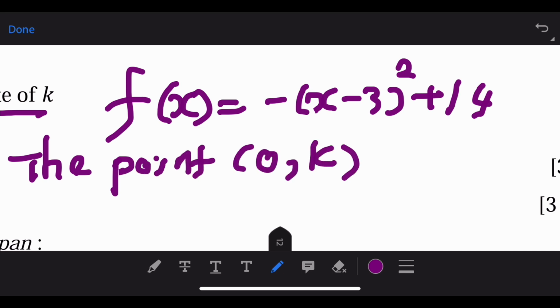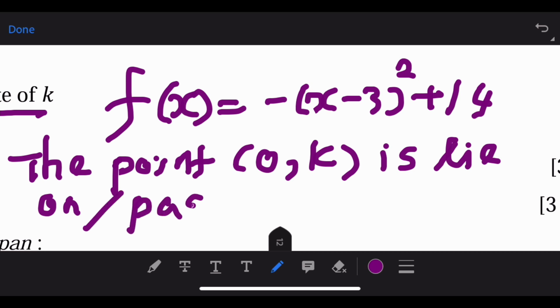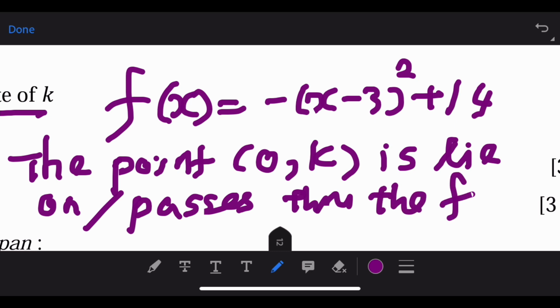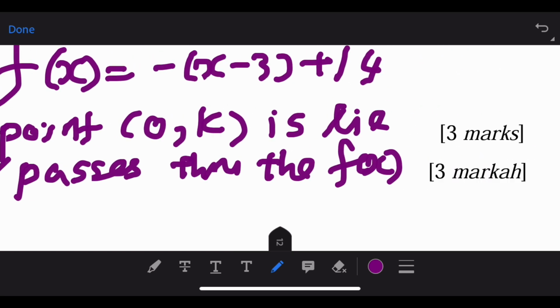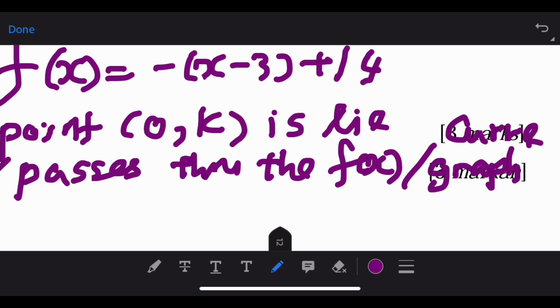Since the point (0, k) lies on the curve, you can say it is on the curve, or the line passes through the point. So that point can be used, and then you can substitute into the function, into the equation.